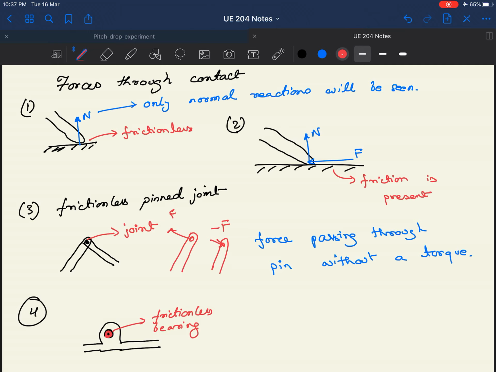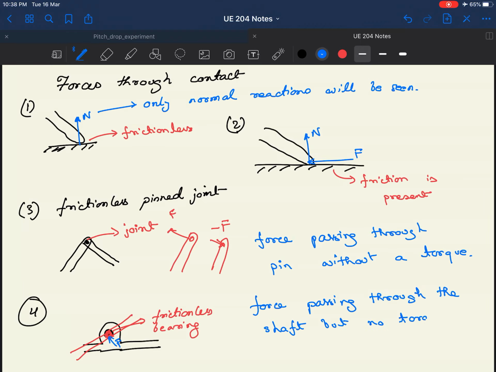So there is maybe a rod that is passing right through the bearing, and the force is such that there will be a force passing through the shaft that goes through the bearing, but no torque, just like the previous case.